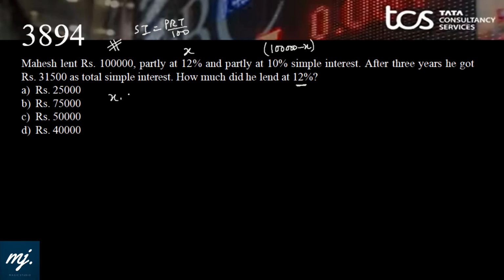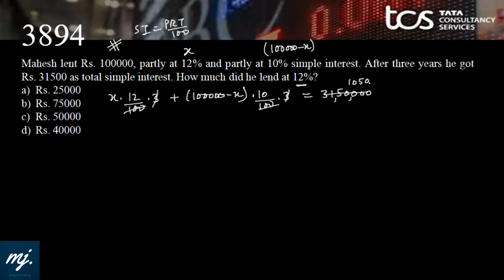So let's do it. X into 12 by 100 into 3 plus 1 lakh minus X into 10 by 100 into 3 equals 31,500. So 100 gone. Let me add 2 more zeros here. This becomes 31,50,000. Then 3 common.